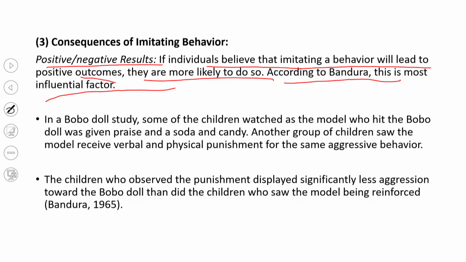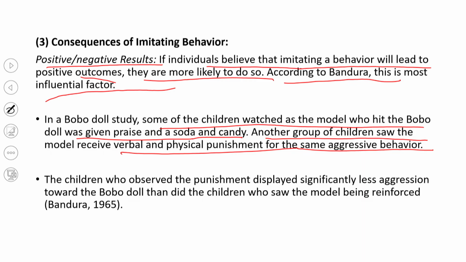For example, in the Bobo doll study that we discussed, some of the children watched as the model who hit the doll was given praise and soda and candy. Another group of children saw the model receive verbal and physical punishment for the same aggressive behavior. So, in this another version of the experiment, one group watched that when the model behaved aggressively with the doll, they were rewarded, and another group watched the model behaving aggressively with the doll, but being punished.